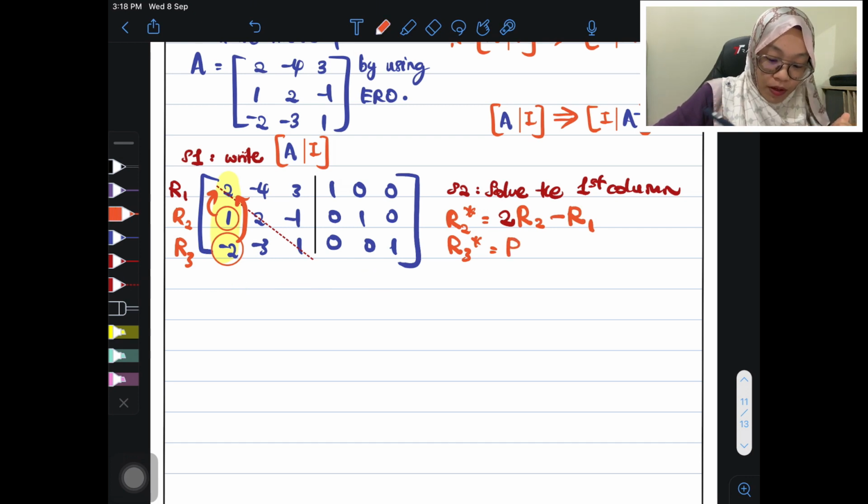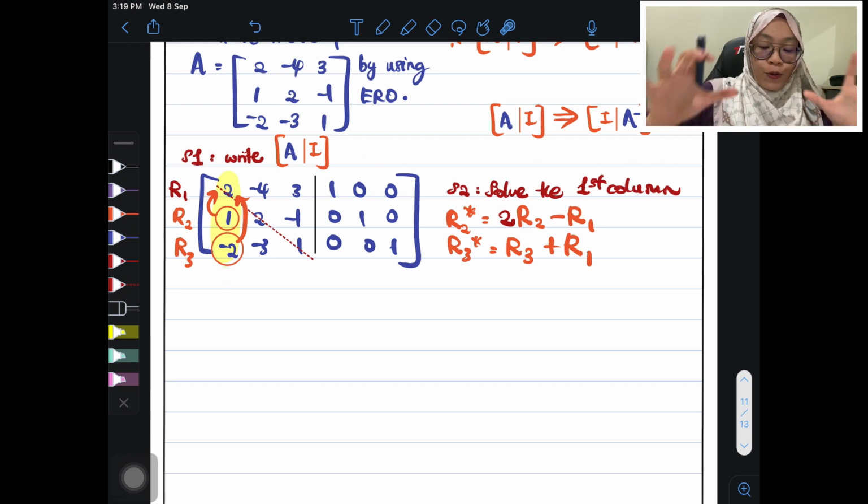And so row 3 must be plus with row 1, barulah aku dapat kosong di sini. Understand? Row 3 must be plus with row 1, barulah aku dapat 0 over here.